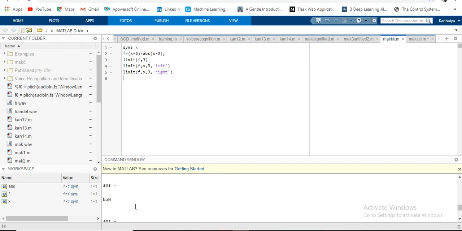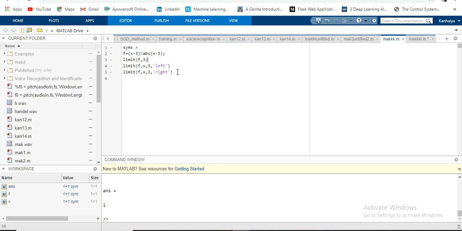Look, for this one it is giving NaN at 3, and for the left hand limit it is giving 1, and for the right hand limit it is giving minus 1. That means the left hand limit is not equal to the right hand limit, so this limit is discontinuous.